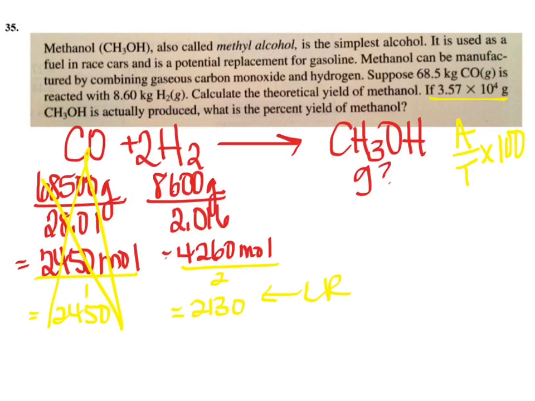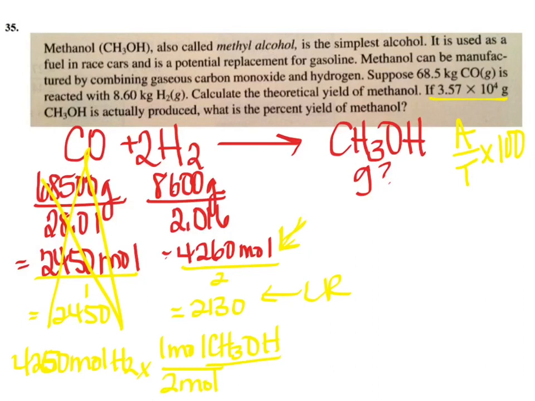Again, we're going to start at our moles. So 4260 moles of H2, and the ratio of H2 to methanol is 1 mole of methanol to 2 moles of H2, and then we need the molar mass of methanol.